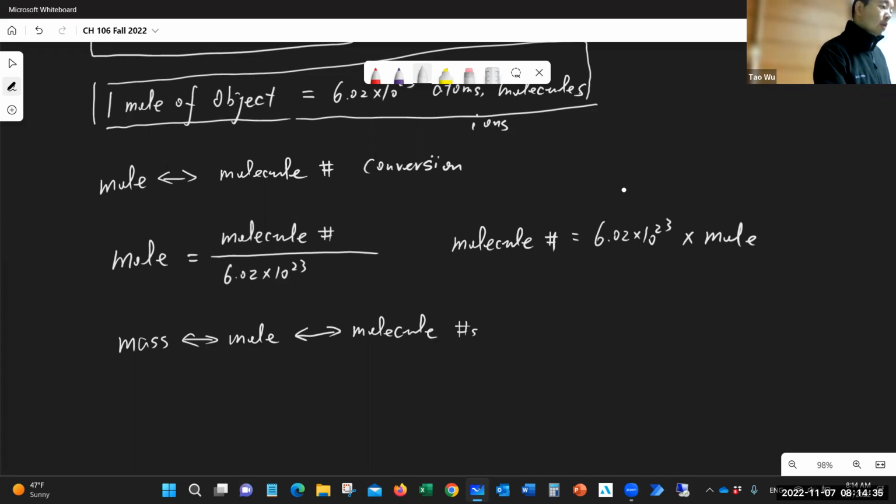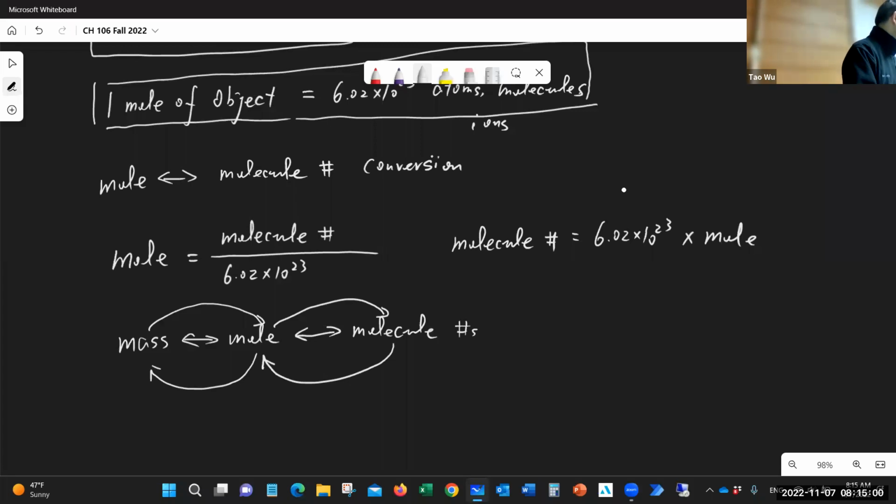If you want to convert the mass to the molecule number, you have to go from mass to the mole, and then convert the mole to the molecules. Or if you want to convert from molecules to mass, again, you need to convert to the mole first, and then from mole to the mass.